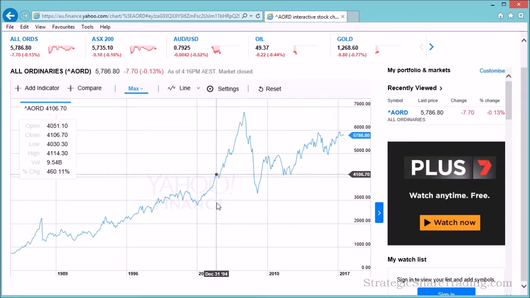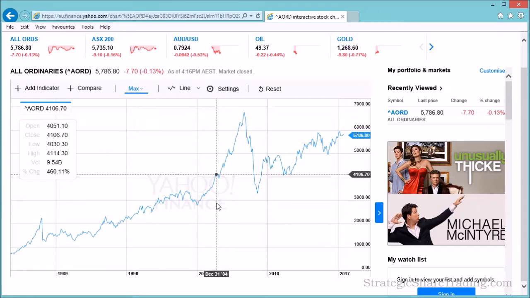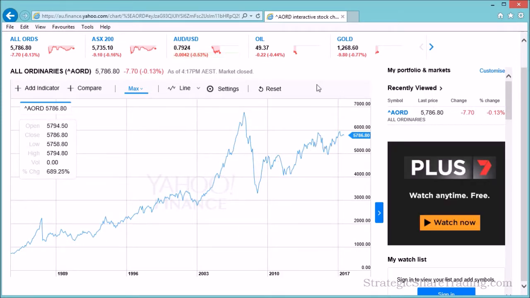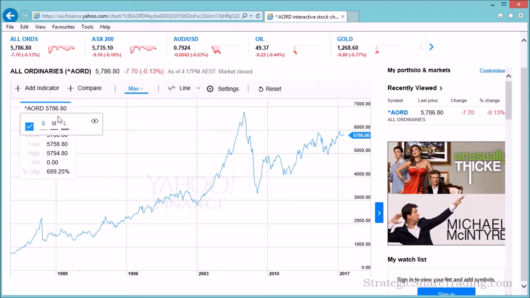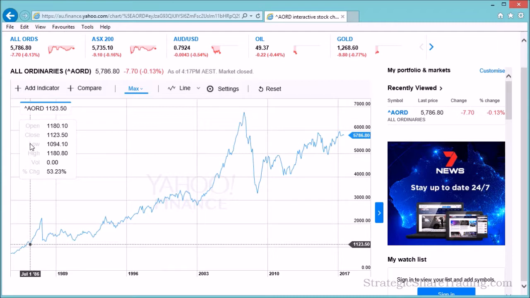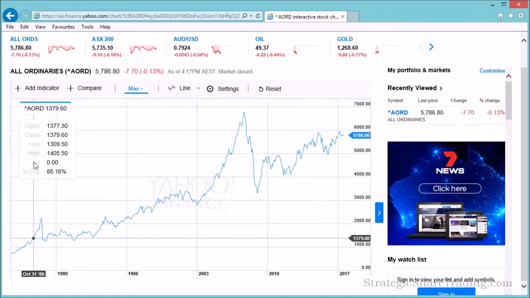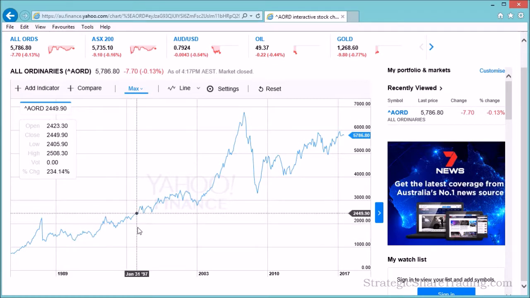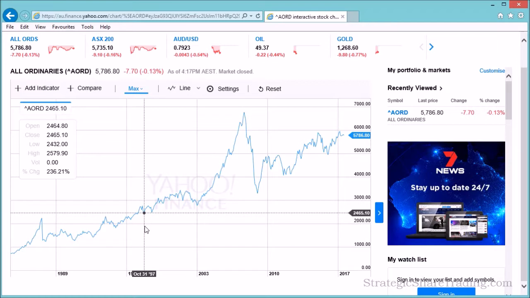The other thing to notice is that while the line just shows the closing value, there's a box here which shows the opening value and the high and low as well. So it tells you something about the movement within each day, or in this case month, since each point on this chart represents 1 month.